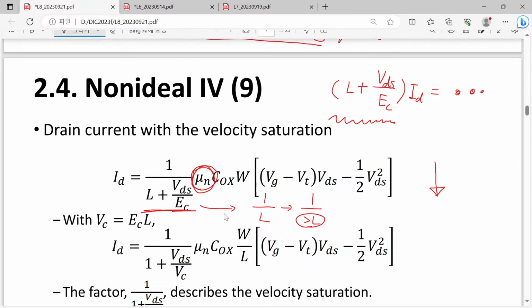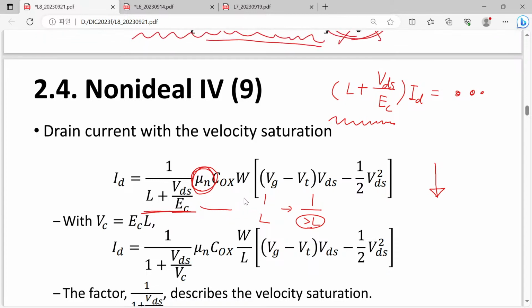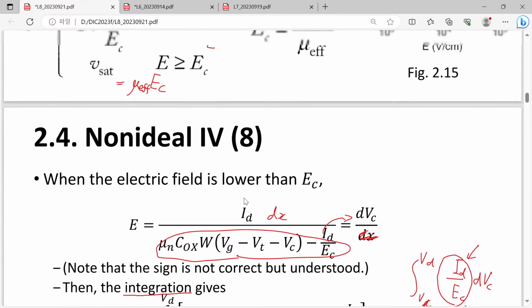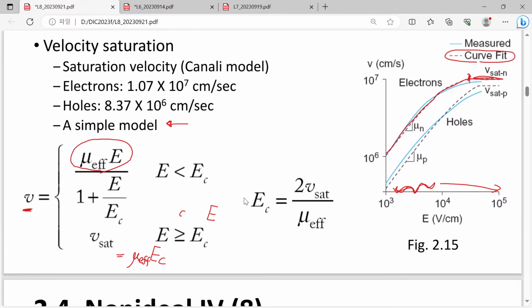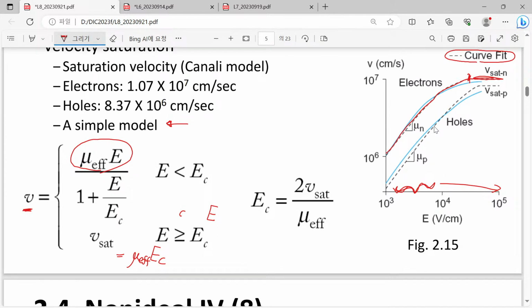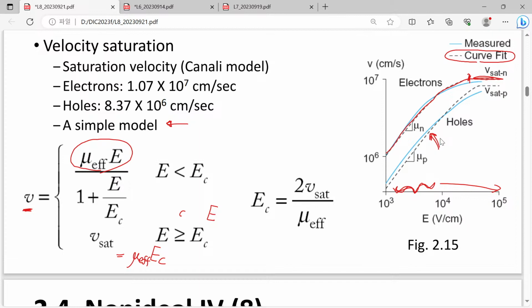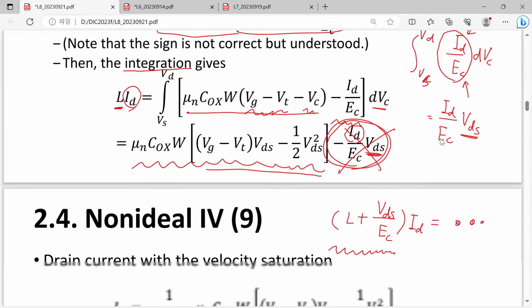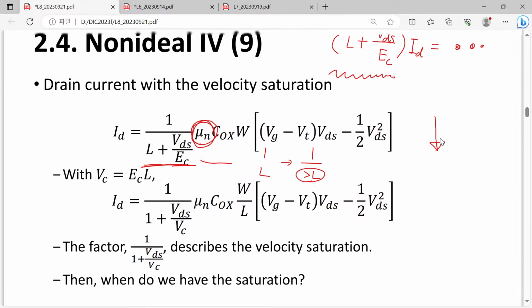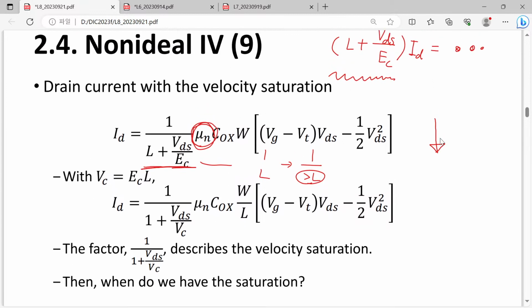So now we can understand that although velocity saturation shows quite complicated behavior in reality, by introducing a relatively simpler form for its motion, we can at least introduce an analytically achievable model. Of course, if you want to be quite rigorous, you have to say that the assumed curve fitting is not perfectly matched to our experiment, so this model cannot be perfect.